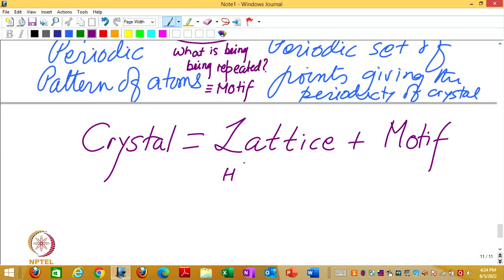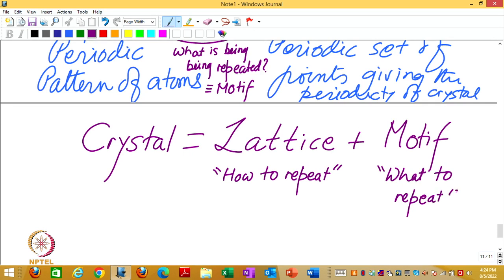So, lattice tells you how to repeat, motif tells you what to repeat. And together they give you the repeated pattern, and that is the crystal.